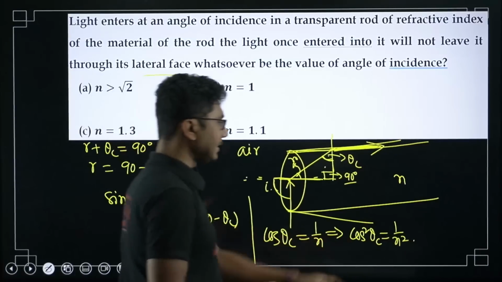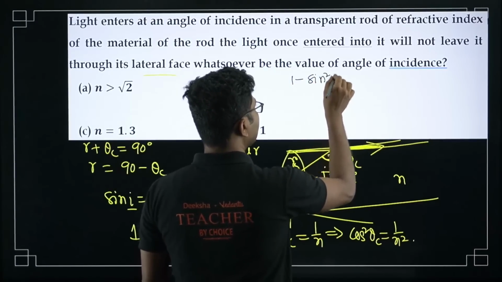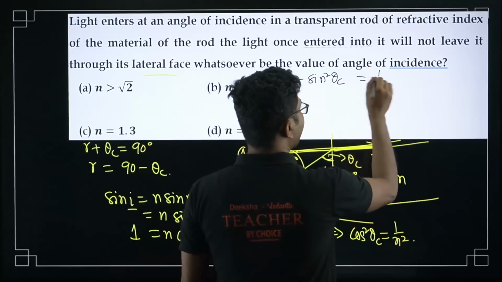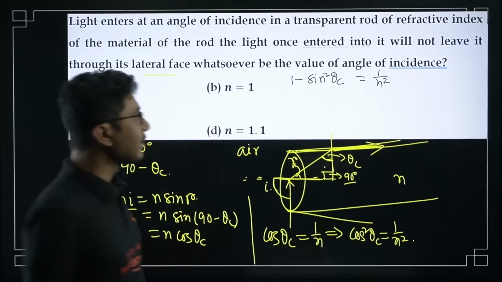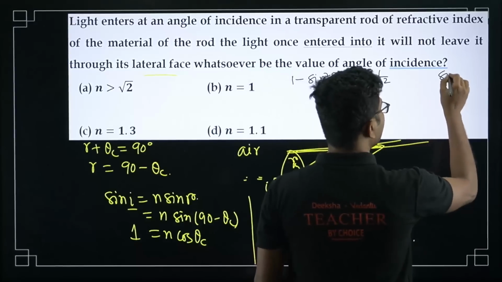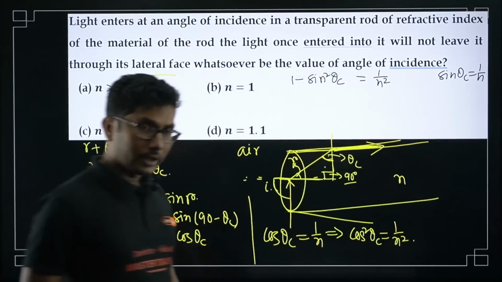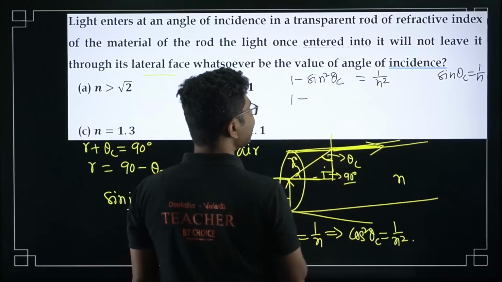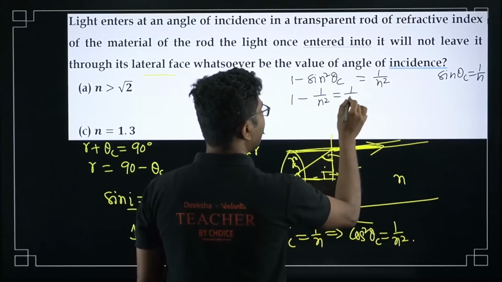Cos square theta c is 1 minus sin square theta c, right, equals 1 by n square. Now what is sin theta c? Sin theta c is 1 by n, that is the condition for total internal reflection. So we'll put that over here: 1 minus sin square theta c will be 1 by n square, equals 1 by n square.